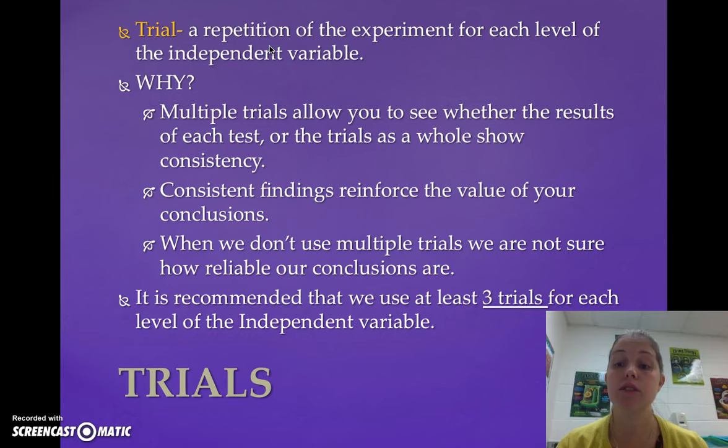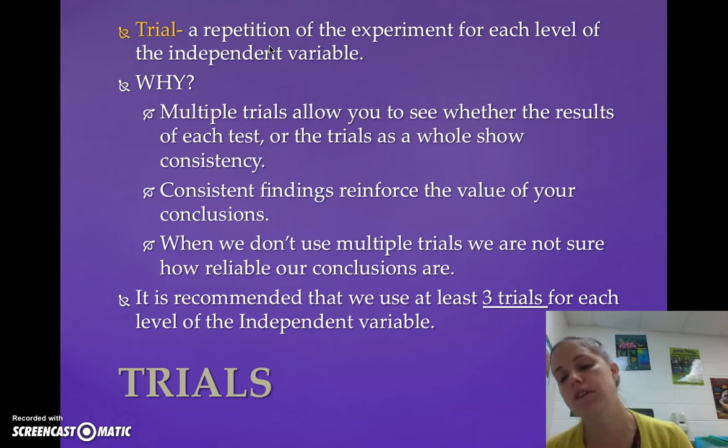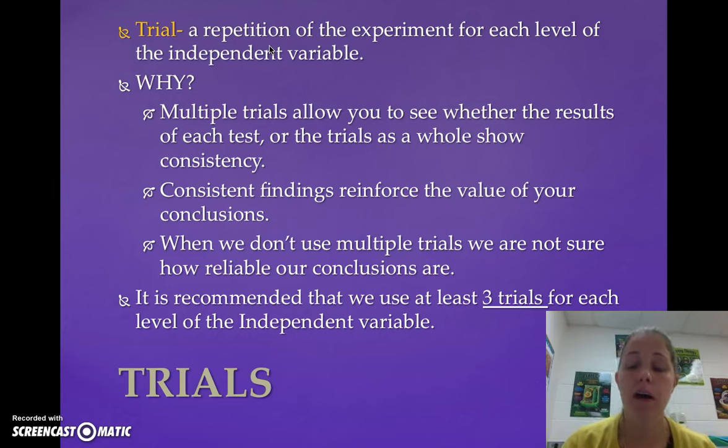So in the example I was using before, that means that I would need 3 plants that were getting watered with 10 milliliters of water. I would need 3 different plants that were getting watered with 20 milliliters of water. I need 3 different plants that were getting watered with 30 milliliters of water. I'd need 3 different plants that were receiving only natural ways of getting water. So those are the 3 trials, as you have 3 examples.